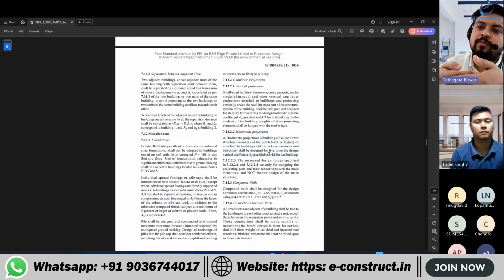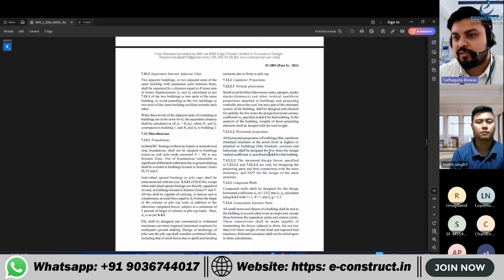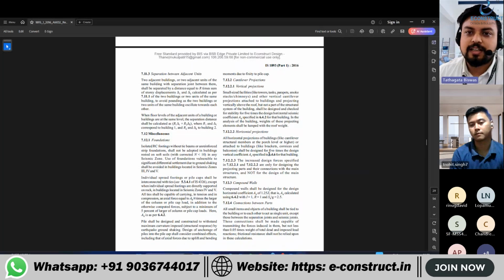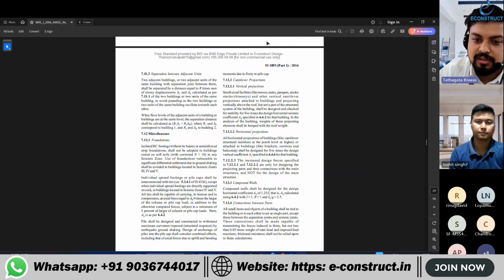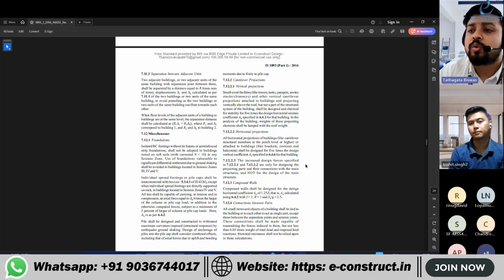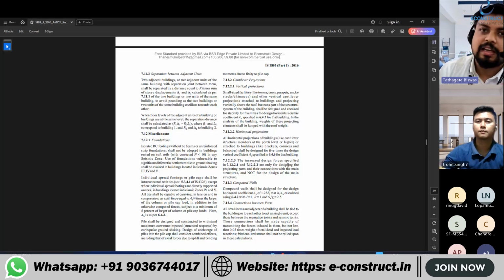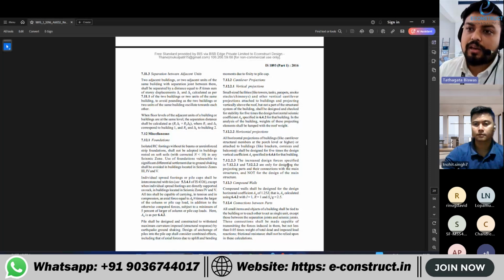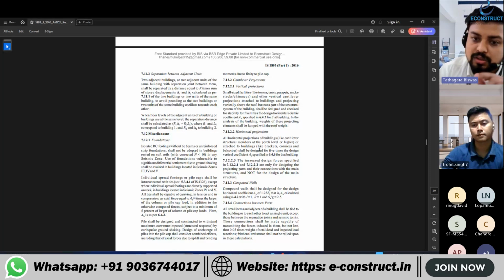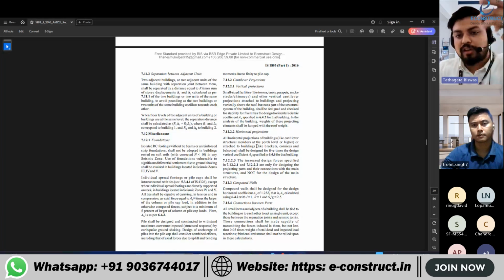For just a 1 meter projection, do you think 5 times AV will govern? No, sir. You need to check that particular scenario and take the call. Balcony can be 1 meter, or 3 meter, 5 meter also. Till how much should be specified if the code wants to guide us in that way, but that is not mentioned here. Anyway, we are taking the backspan as 1.5 times, so if the backspan is there, this will not govern in the vertical earthquake.